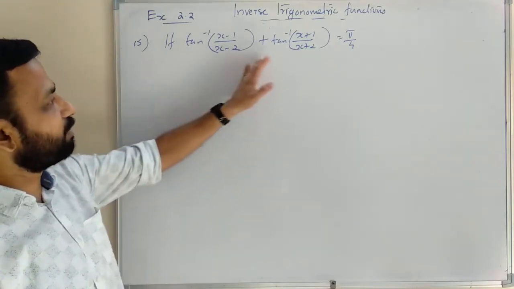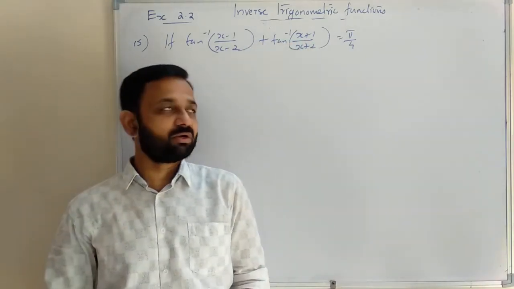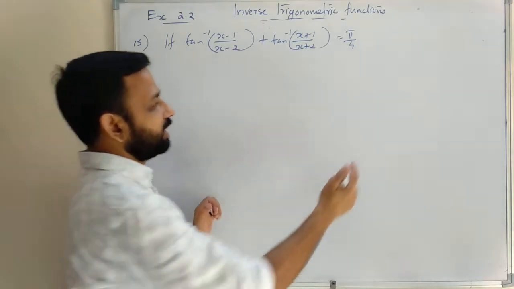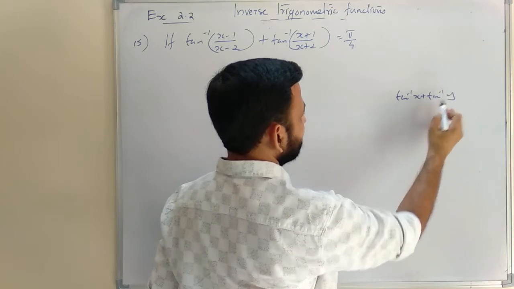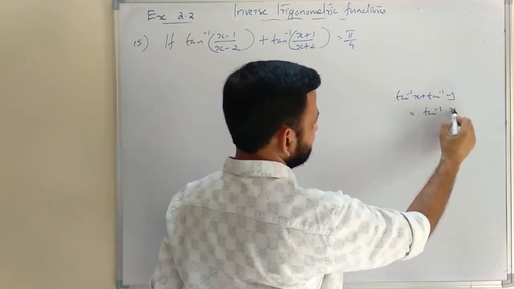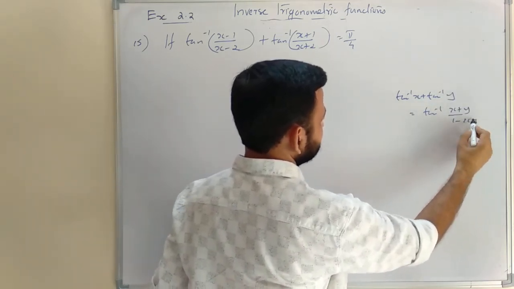So we can apply the formula, tan inverse x plus tan inverse y is equal to tan inverse of x plus y upon 1 minus xy.